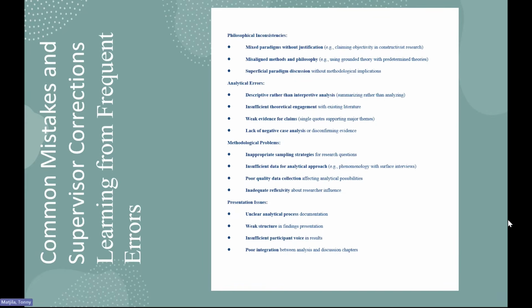Engagement requires demonstrating how your findings relate to, how your findings challenge, or rather how they extend existing knowledge. Evidence quality matters a lot, and your major themes need substantial support, not single illustrative codes, because it happens.